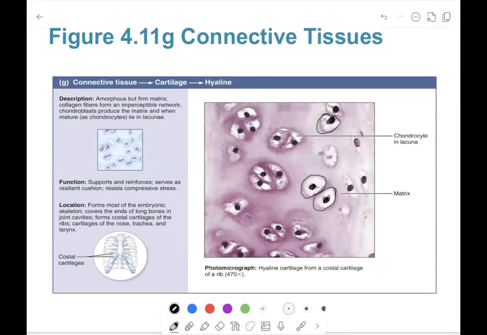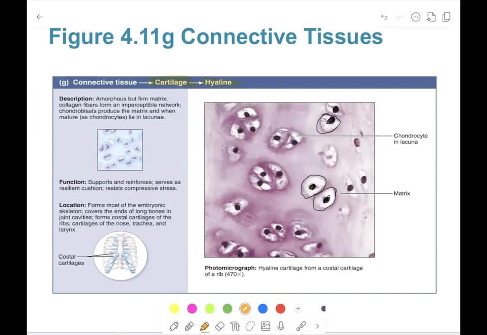And those chondrocytes are not going to be in any of the other connective tissues. So out of the 11 types of connective tissues, only 3 of them are going to be cartilage. The first is hyaline. So we're in the subcategory of cartilage, and hyaline is the most common type of cartilage.